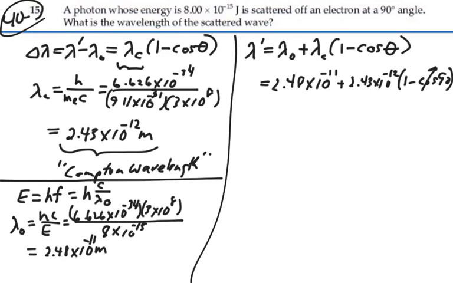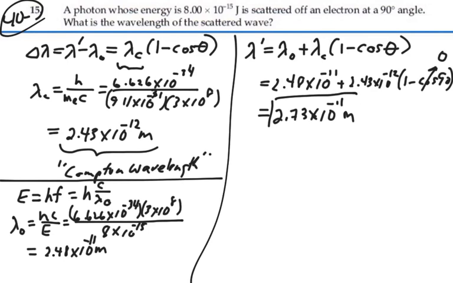Cosine of 90 is 0. So this is going to be 2.48 plus 0.243 comes out to be 2.73 times 10 to the minus 11 meters.